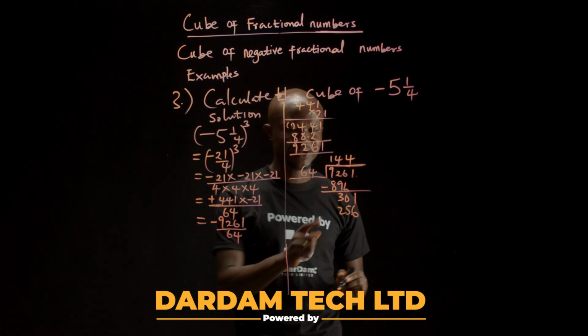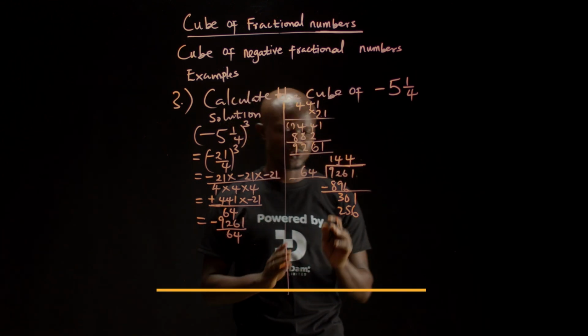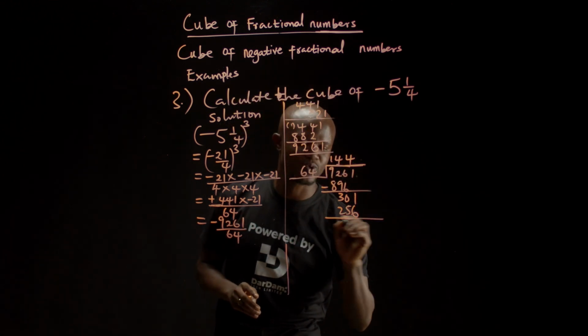So in summary, 4 times 64 will give us 256.